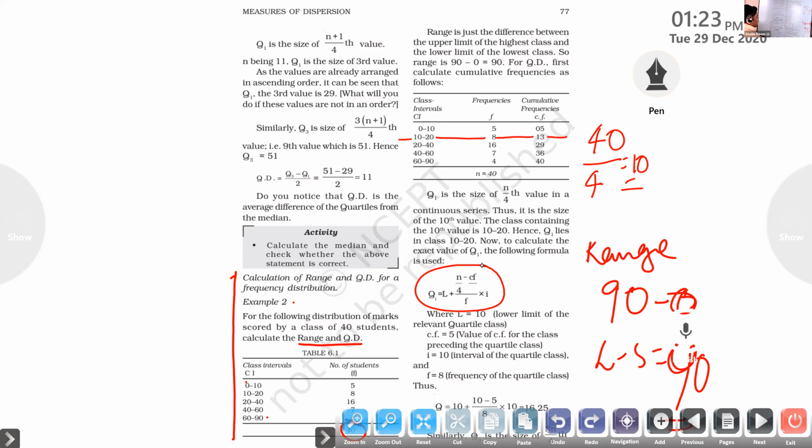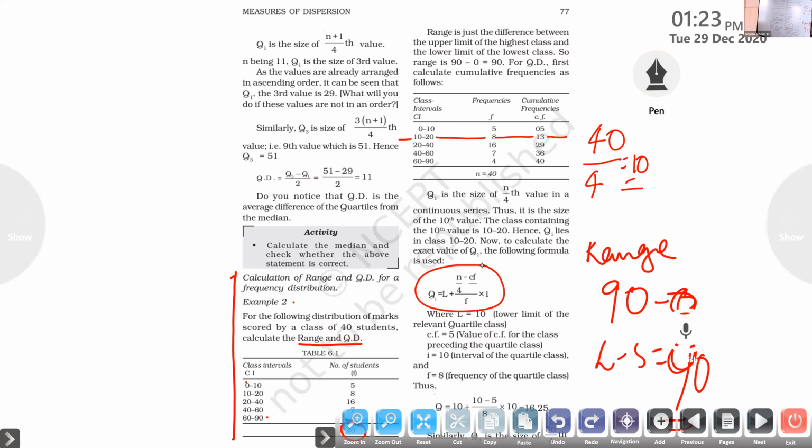Next one, cumulative frequency is 5. It is the value of CF for the class preceding the quartile class. You can see 13, and just above that it is 5. So the cumulative frequency is 5, just above the quartile class, not the cumulative frequency of the quartile class itself. Clear?